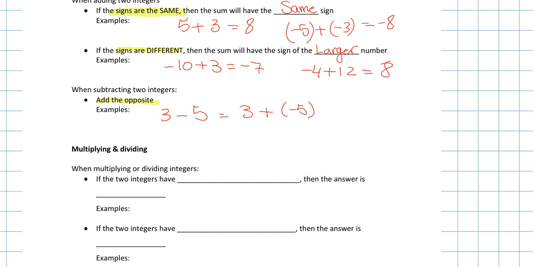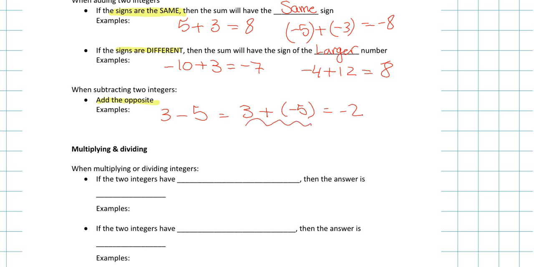Basically, we're making things a little bit more complicated. Why are we doing this? Do I care what's happening? No. 3 minus 5 is negative 2. Why is it negative 2? Because 5 is greater than 3, right? I have 3, and I'm using 5, so I'm going to be in debt 2. So my answer is going to be negative 2. Do I really need to write it this way? No, I don't. It's making things more complicated.